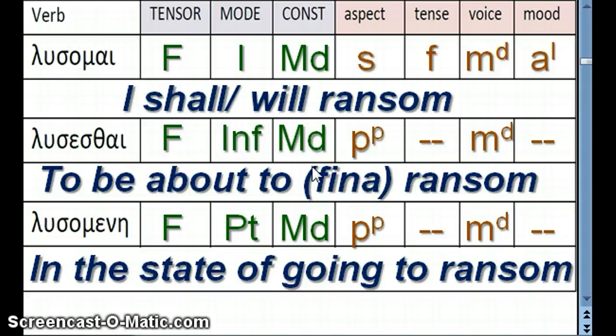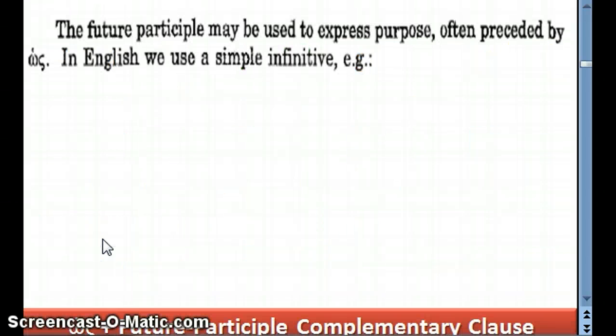And of course, the difference between the future infinitive and the future participle, one is simply going to be in a state of going to do something, while the future participle is in the state of going to do something. The future participle may be used to express a purpose clause or a complement clause, often preceded by hos. In English, we usually use the simple infinitive.